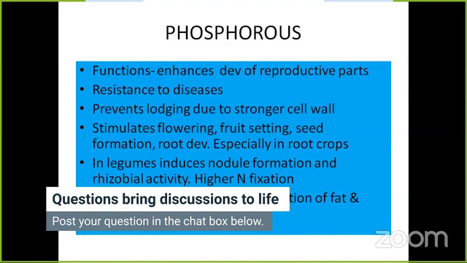In case of legumes or pulses, it induces nodule formation on the roots by rhizobial activity. Rhizobium is a bacteria present in the root. It helps in fixing more and more nitrogen from the air. Phosphorus also influences cell division and formation of fats and albumin. Albumin is the protein. Fats are related with oil.